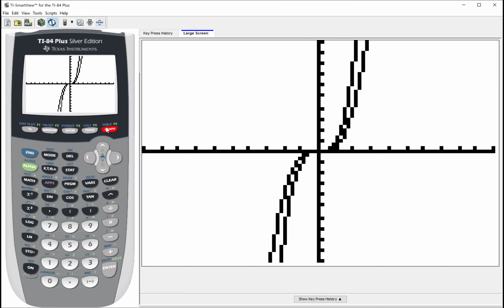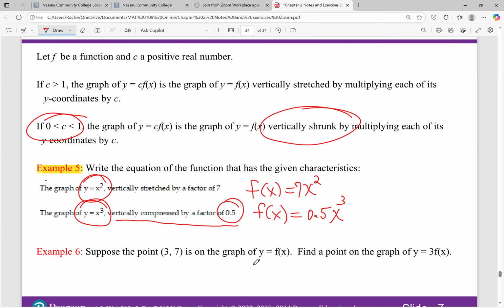And now you see how 1/2 x to the third looks a little bit wider and flatter. So imagine shrinking it down. If you were able to stand at the top of this graph and push the top of it down, it's going to get flatter and wider. That's what it's going to look like. And this is by a factor of a half. So all the y values were multiplied by a factor of 0.5.